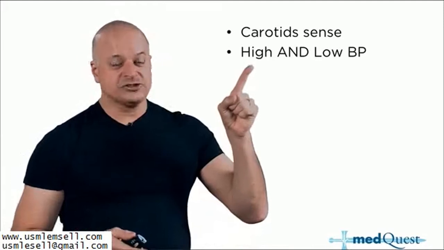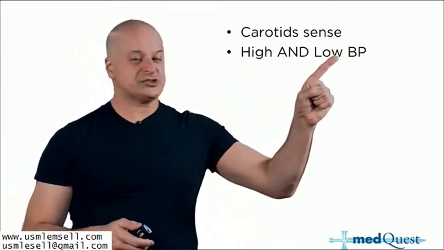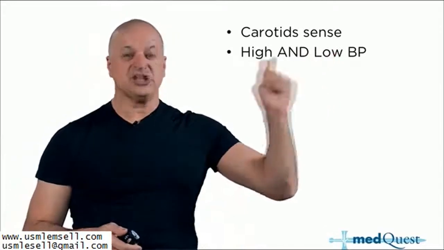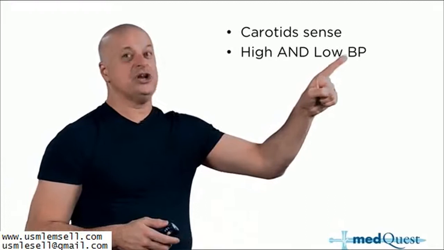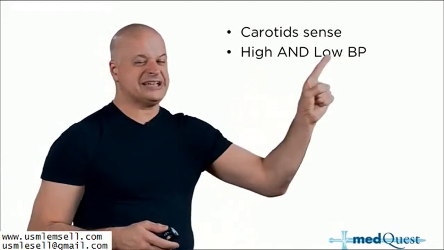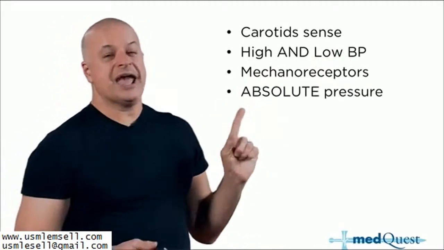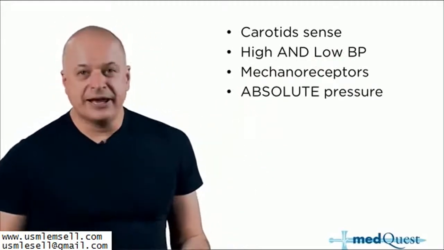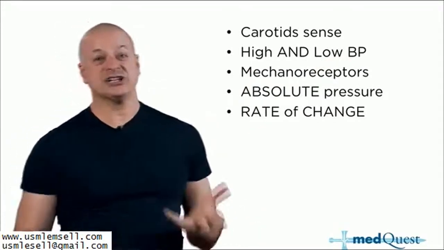So the signals in cranial nerve 9 go up. With low blood pressure, cranial nerve 9 senses less stretch, so the signal goes down. More signal for stretch receptors, less signal for those stretch receptors. They're mechanoreceptors, and basically they measure the pressure and the rate of that change as well.